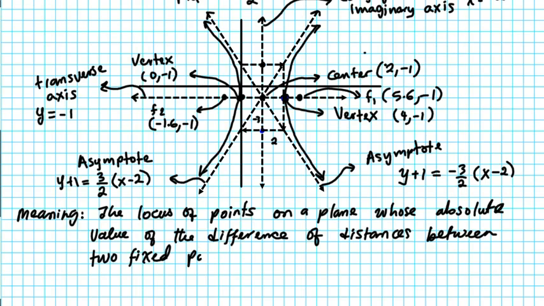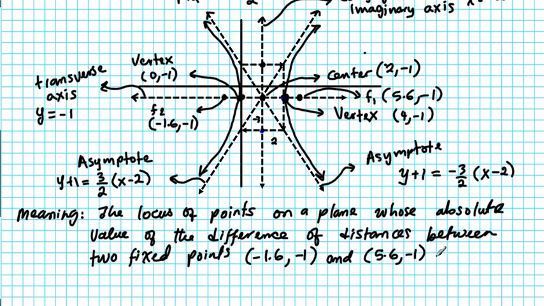The two fixed points are, guess what, your foci. Fixed points F1, F2, which are negative 1.6 comma negative 1, and 5.6 comma negative 1.